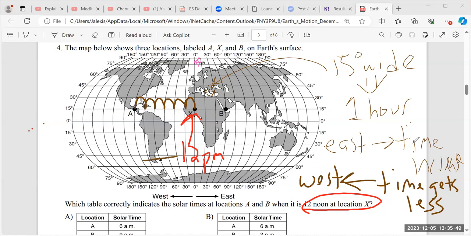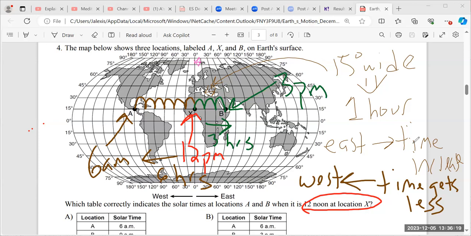So 6 hours before 12 gives me A to be 6 a.m. Now, what about B? For B, 1, 2, 3 hours. Because I went 3 hours forward, 3 hours past 12 p.m. would make B 3 p.m.